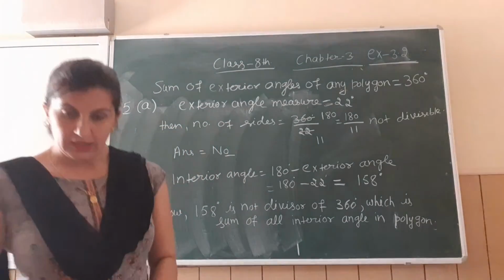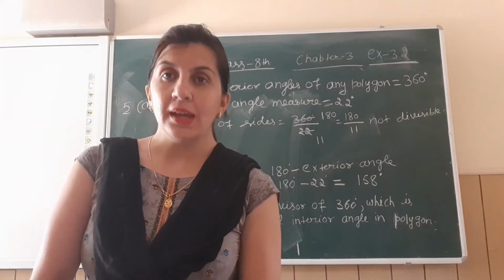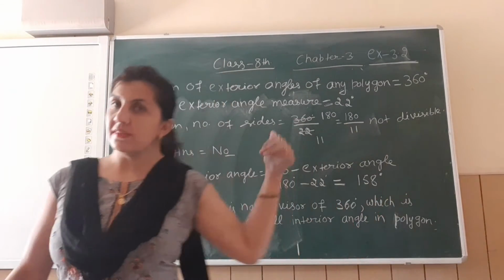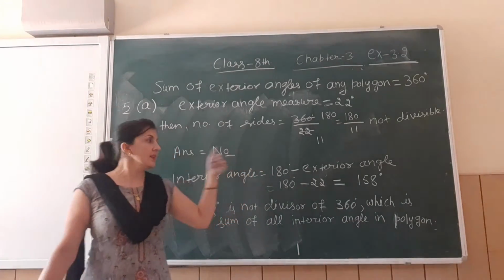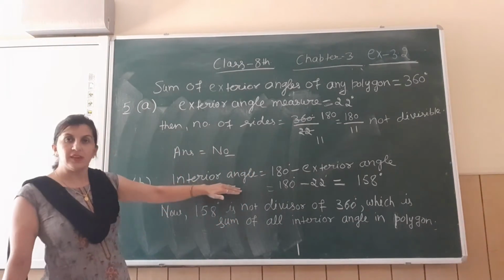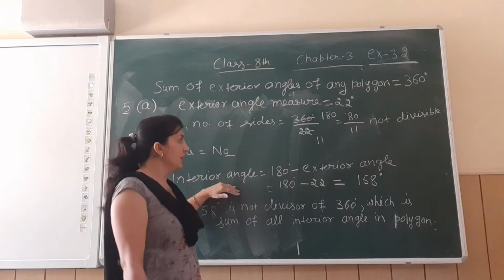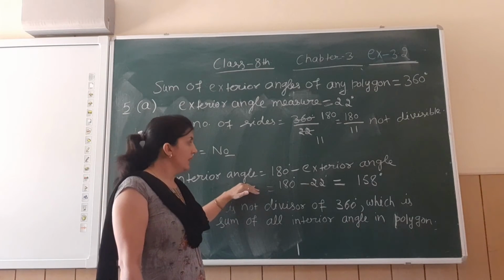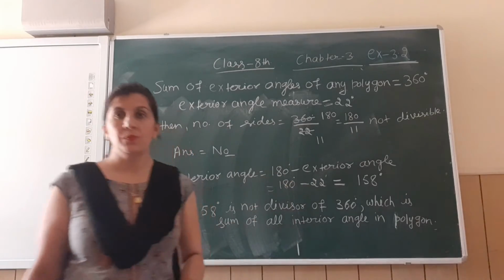In the second part, they ask, can it be an interior angle of a regular polygon? We said it cannot be an exterior angle. So what about the interior angle?